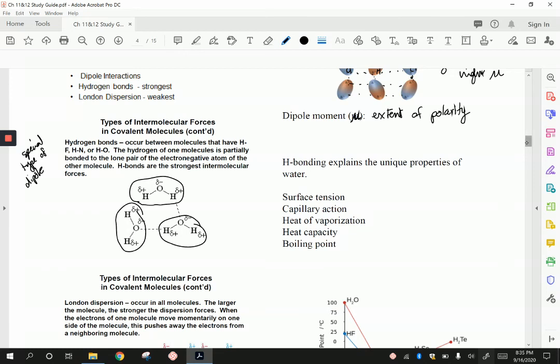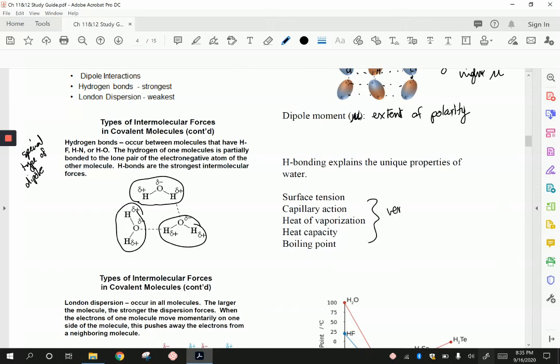And hydrogen bonding causes very unique properties of water because of that very, very strong attraction. So water has very high surface tension, very high capillary action, very high heat of vaporization, very high heat capacity, and very high boiling point.